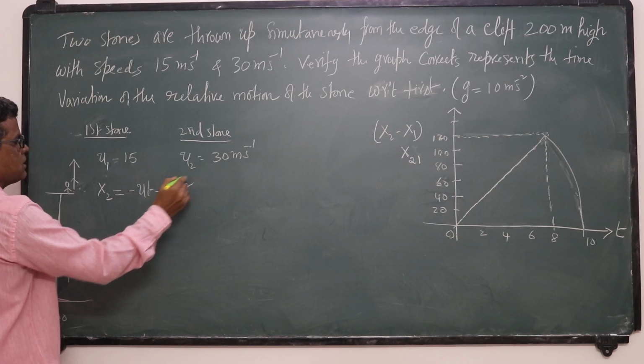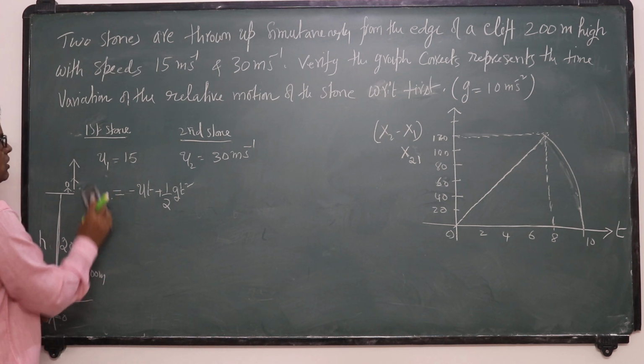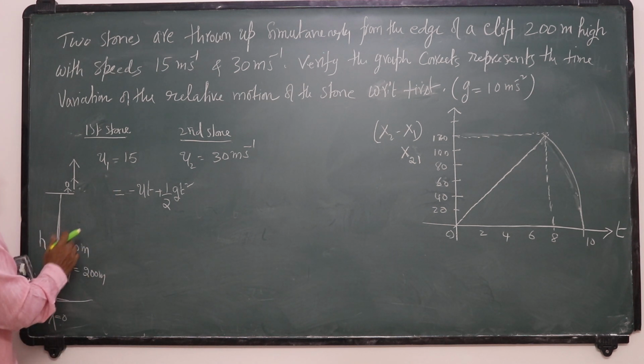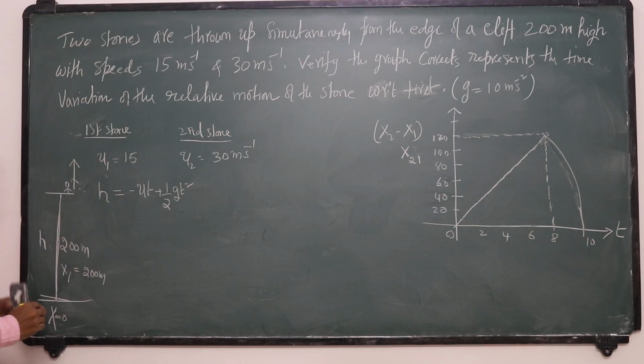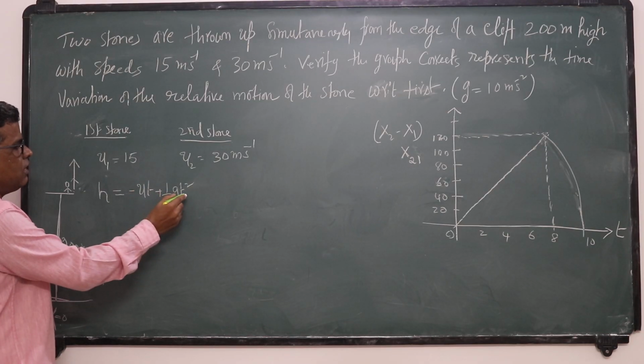I am using this for x2. So the position x2 is given by the height of the tower formula, h is equal to minus ut plus half gt square.